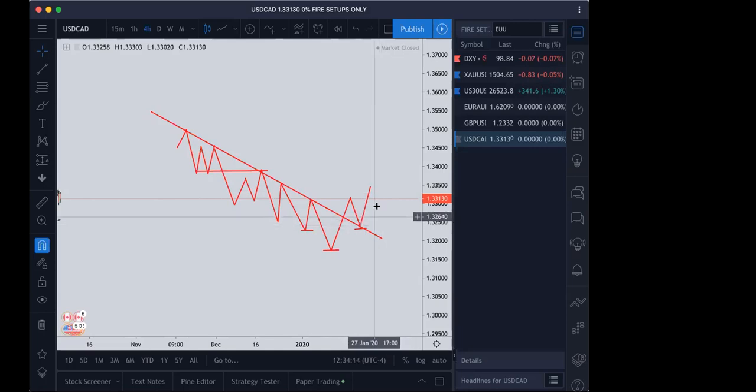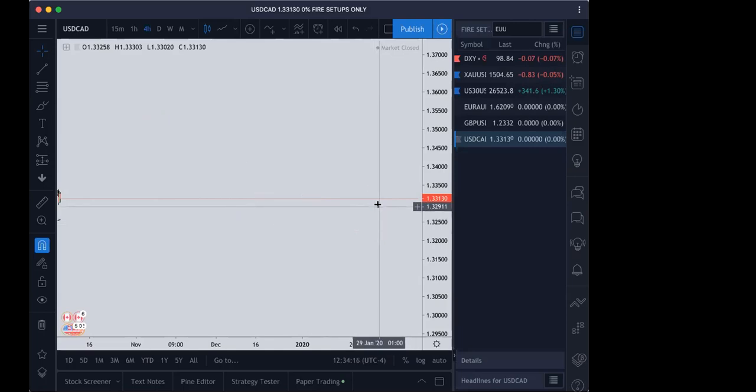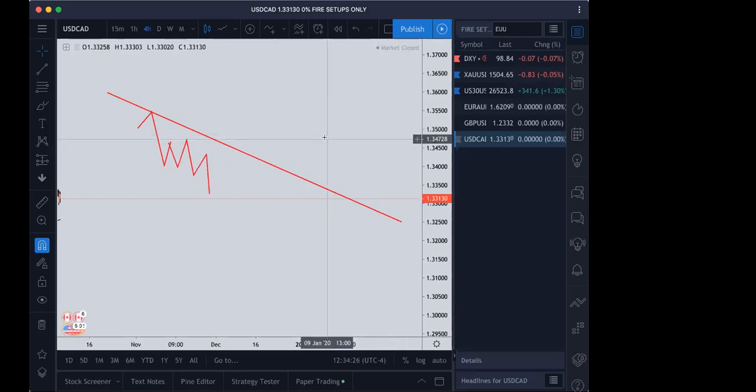Upside. Okay, so now I'm starting to draw again on the chart, but I drew the moves a little bit differently, and you need to find the patterns, and you need to draw another trend line.